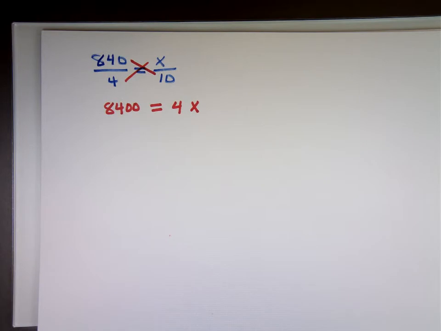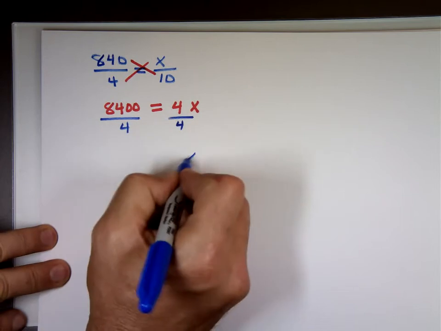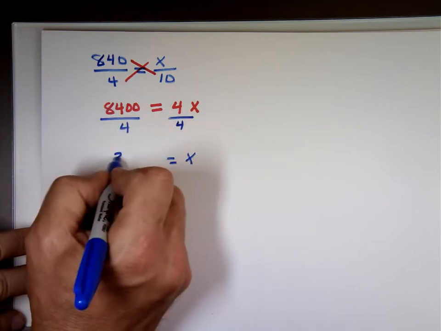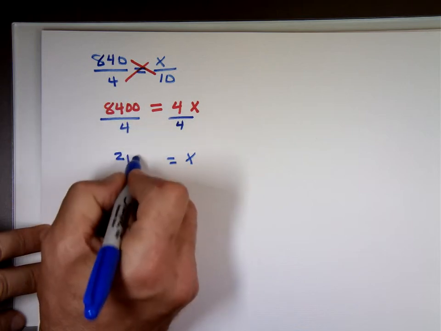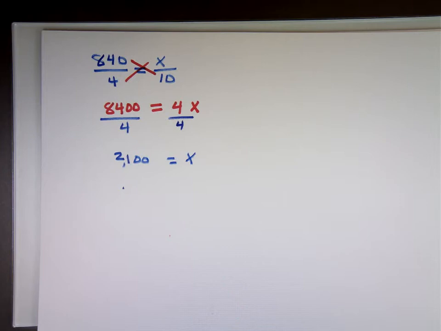I've got to divide by what now? By 4. X equals, let me go to the side and divide. Well, 8 divided by 4 is what? 2. 4 divided by 4, 1. Should be 2100 if you divide them.